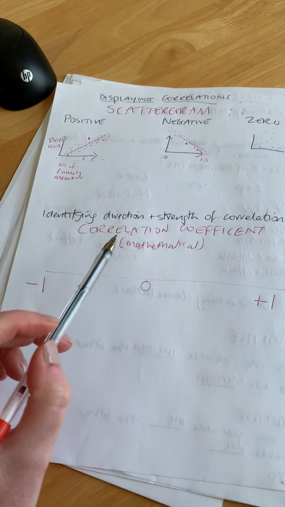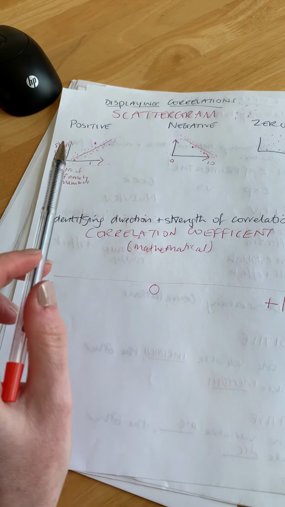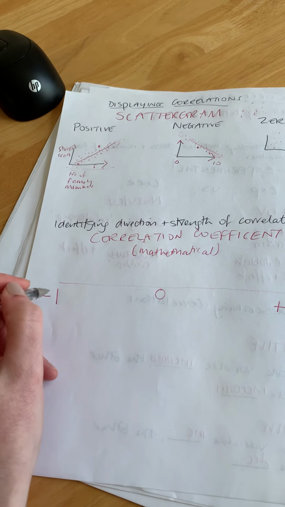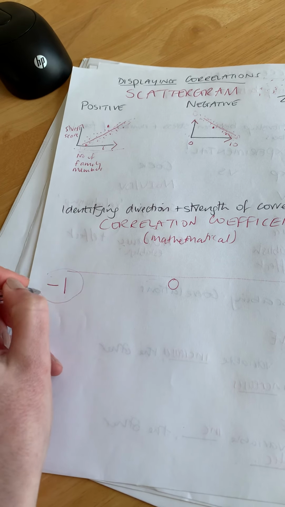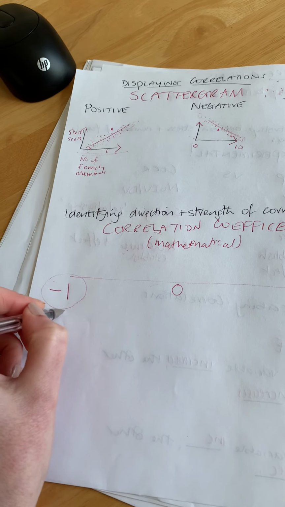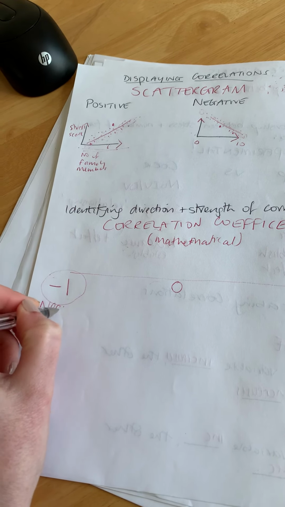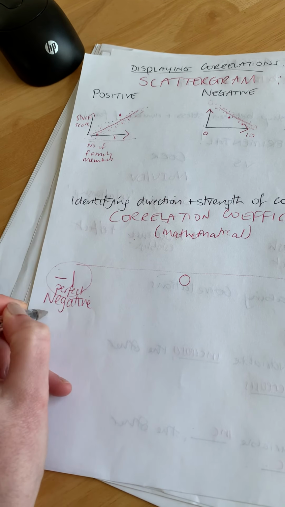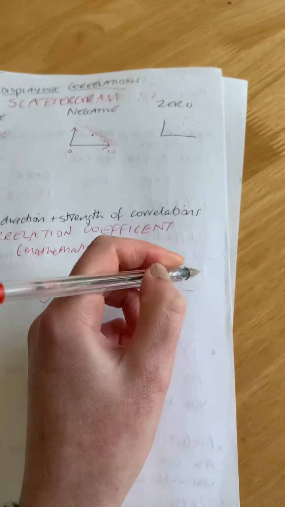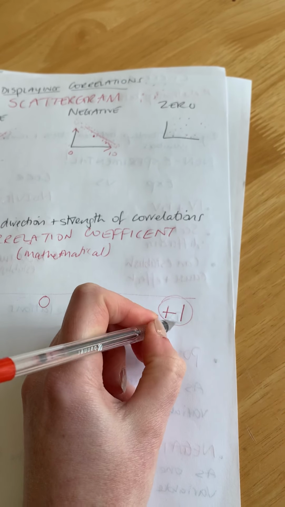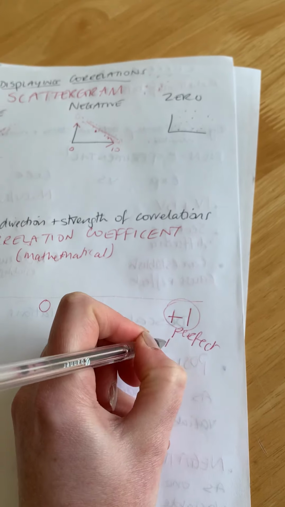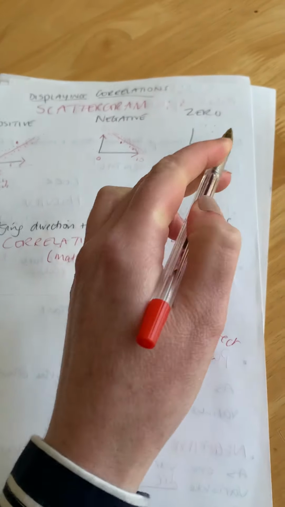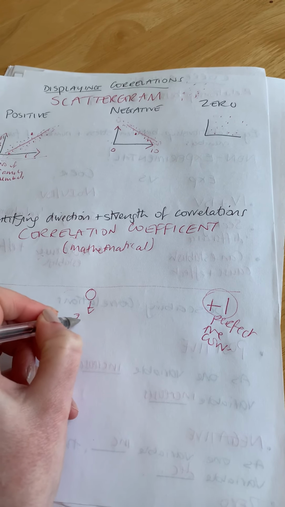So if, when you input your 2 sets of scores, it came up with a value of -1, that never happens, but if it did, -1 is a perfect negative correlation, which means that +1 would be a perfect positive correlation. 0 is our zero correlation.